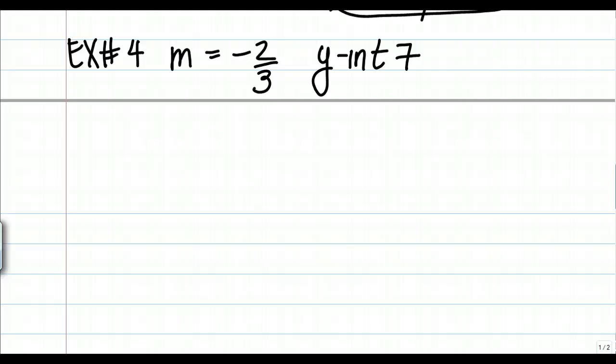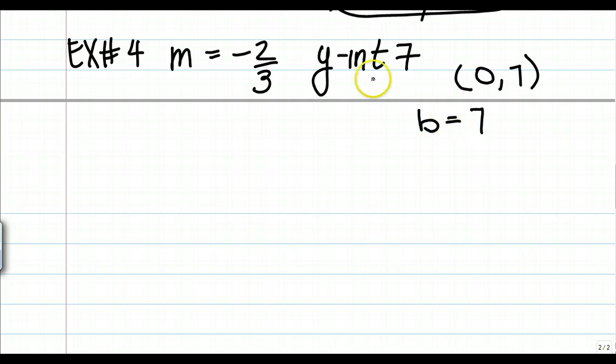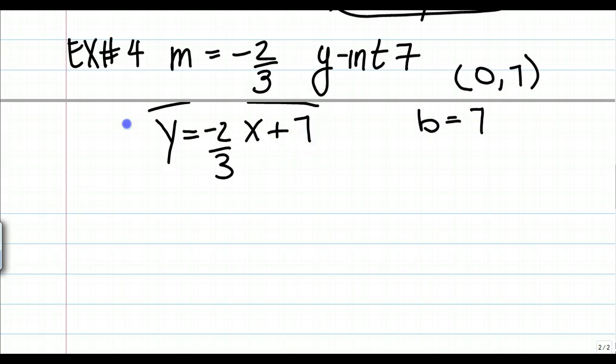So what I want you to understand about this question is that this is the point 0, 7, and b is 7. So whenever it gives you the y-intercept, if you're lucky, you already have b. So when you go to write your equation, you're all set. You just have to plug in negative 2/3 for your m and plug in your b, which is 7. And that is your equation in slope-intercept form.